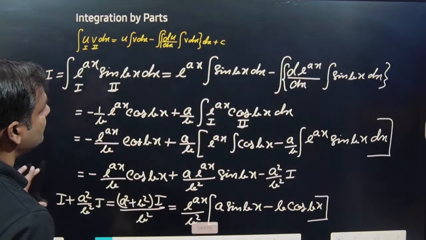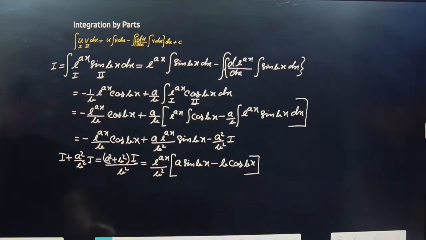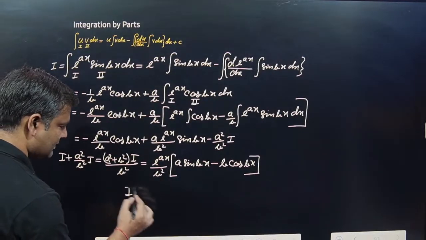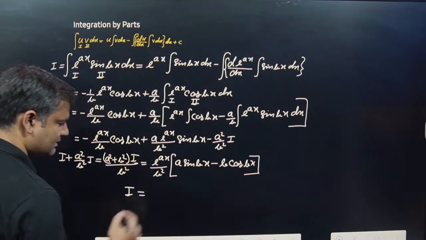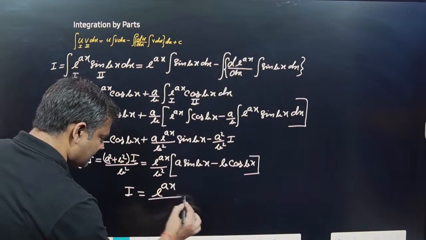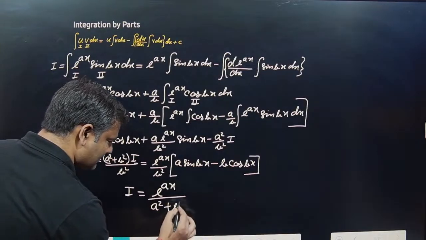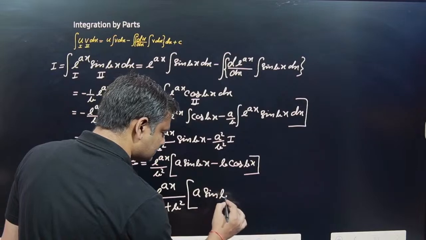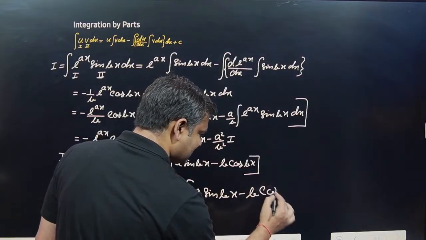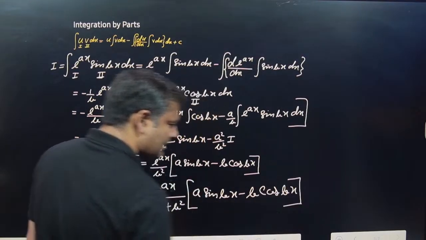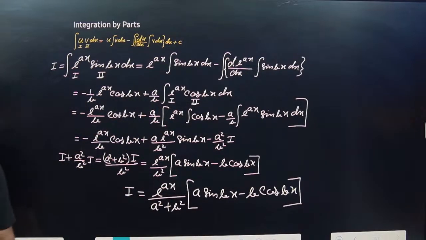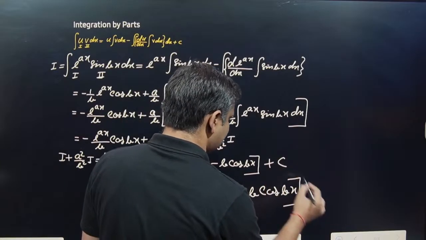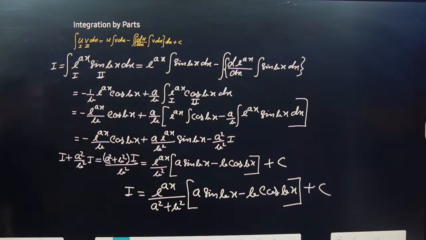Okay, so you can say that I is, b square cancels, simply e to power ax divided by a square plus b square, that is a into sin bx minus b cos bx, okay, and also adding a new constant c is the final answer.